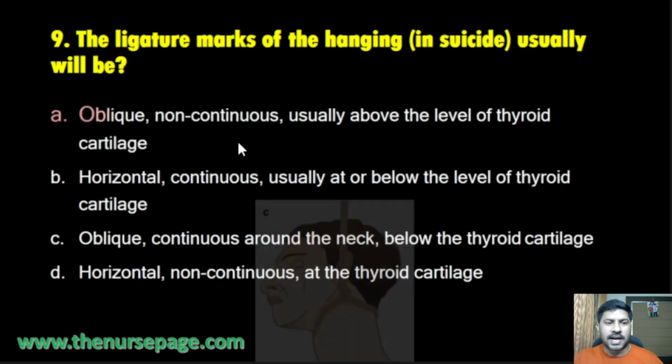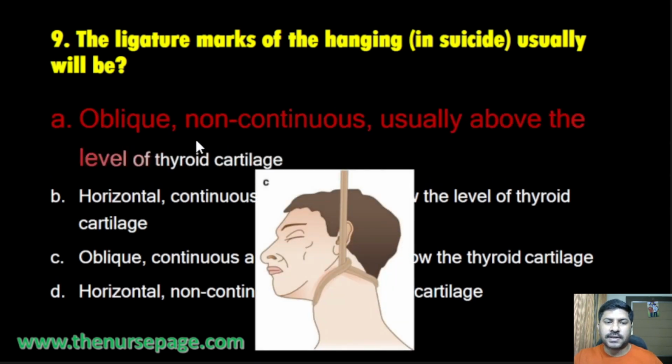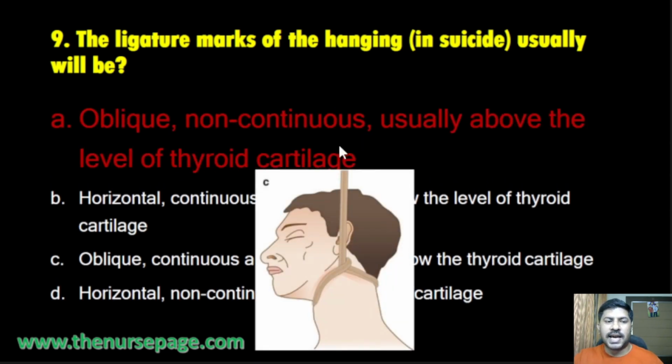So here the correct answer is oblique, non-continuous, usually above the level of thyroid cartilage. Oblique in the sense that the ligature will be above the level of thyroid cartilage. This is the thyroid cartilage, Adam's apple. So above the level of Adam's apple will be the ligature mark, and it will be non-continuous.